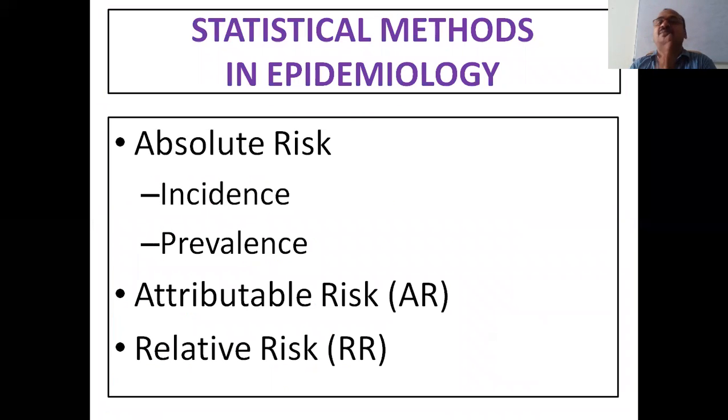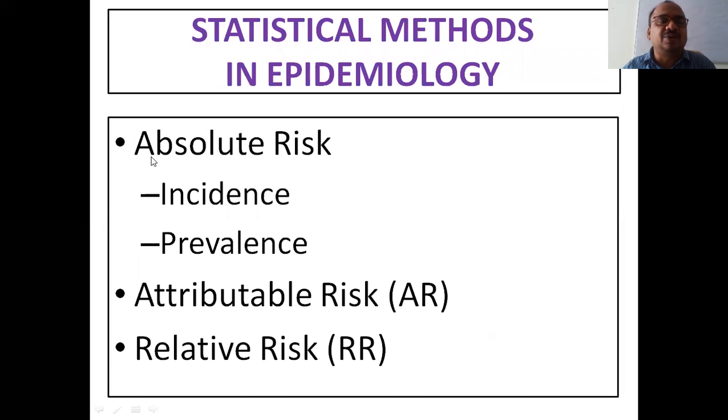Statistical methods in epidemiology are divided into three types. One is absolute risk. Absolute means very pure. Wherever the term absolute comes, you can blindly keep in mind that it is pure. Absolute risk is divided into two types: incidence and prevalence. The next one is attributable risk, AR.